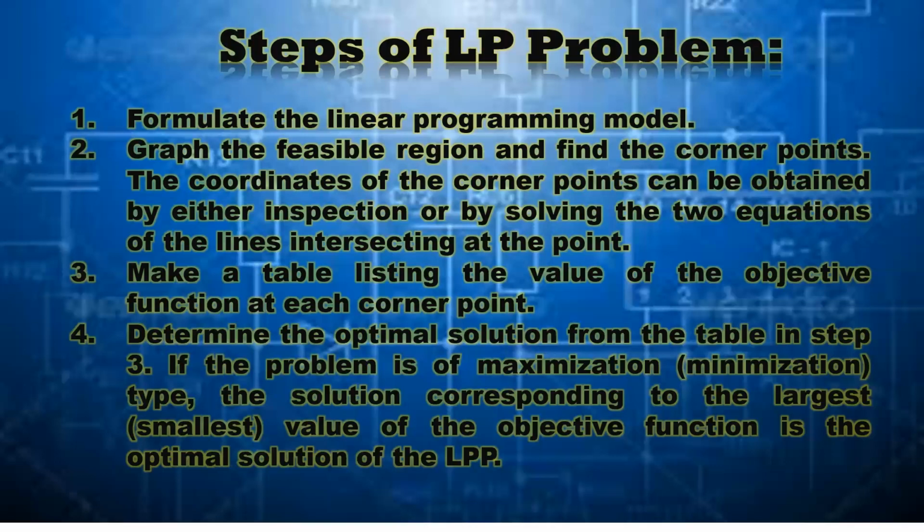For number four, we need to determine the optimal solution from the table in step three. If the problem is one of maximization, take note, we need to find the largest value of the objective function. But if our problem is all about minimization, we need to determine the solution that corresponds to the smallest value of the objective function.